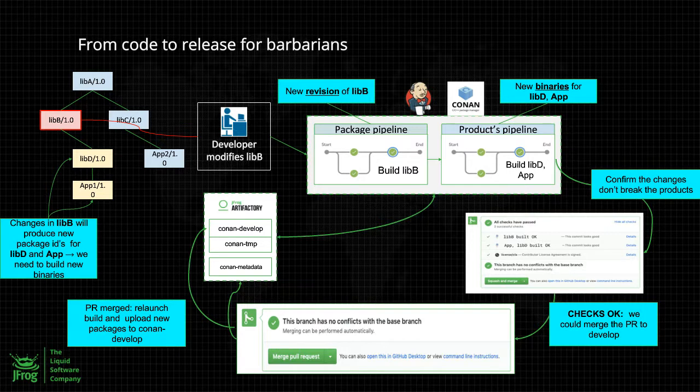Then after merging the pull request, Conan was used, first of all, to get this component graph and know that this change on library B will need to rebuild a set of libraries. In my case, library D and application 1, the product package.